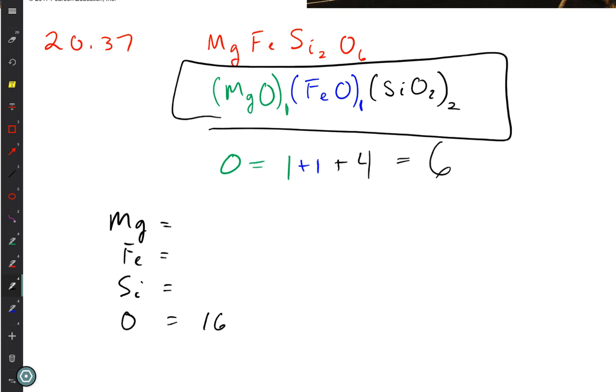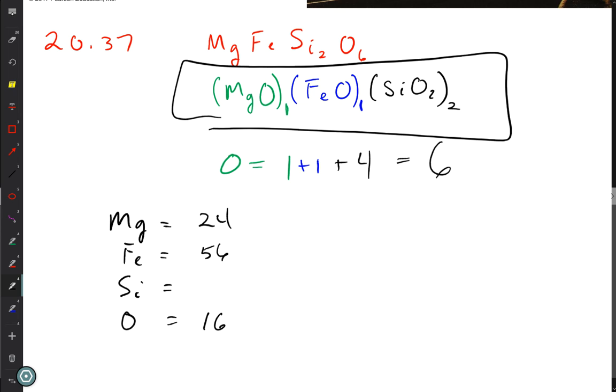So for magnesium, what's the number in the bottom? 24. So that means it has roughly 24 atomic mass units per atom. Okay, for iron. 56. For silicon? 28.